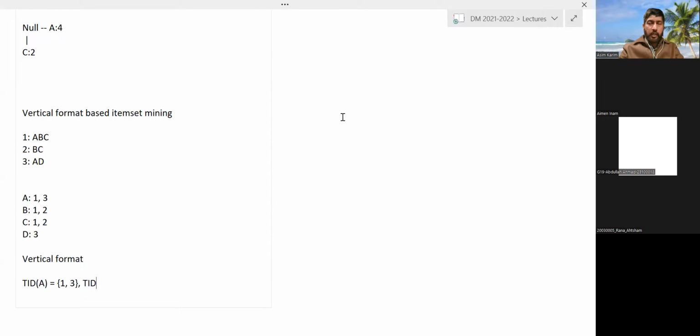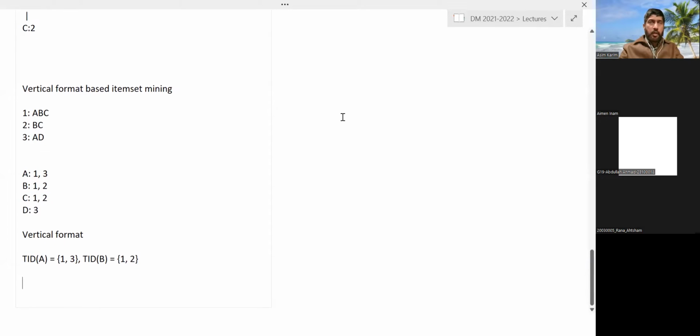And the TID of the item B is {1, 2}. So according to this, the support count of A is simply the set count of TID of A, which is of course 2.